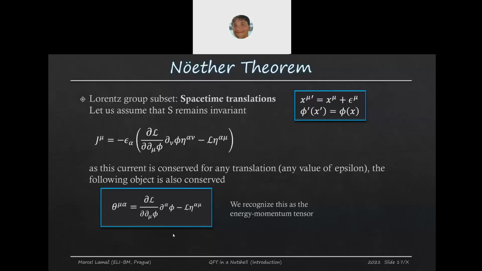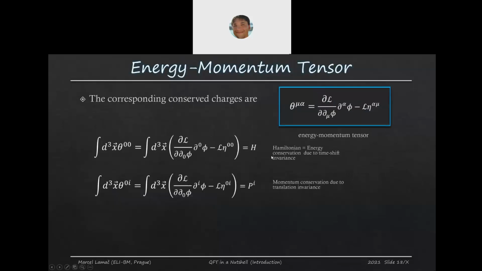And now we can calculate the conserved charges. First, think about the four-current as you've heard about it in special relativity, for example. In special relativity, the four-current has the zeroth component as the charge density, and the space components as the current density. If we want to calculate the conserved charge, this is obviously a density value, so we have to do the integral over space of the density.